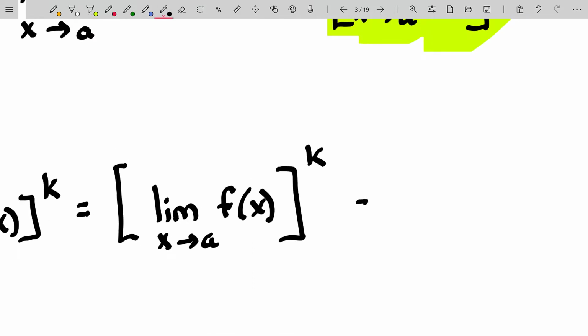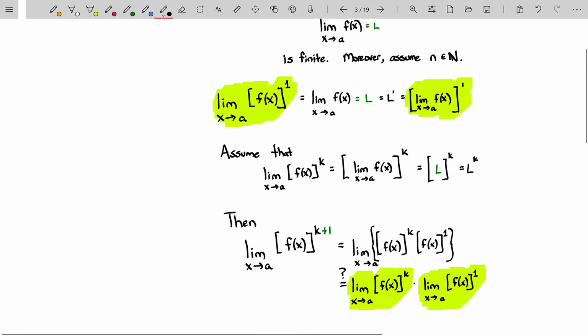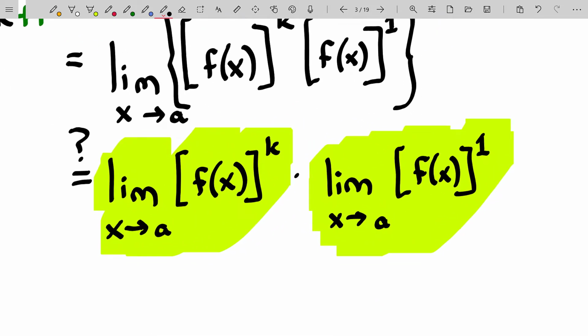And that, remember, is just the limit, that is just L, and then raised to the k. And L is a finite number. So that is L to the kth power, or in other words, a finite number as well. Thus, this splitting of the product of these two functions into two separate limits is legal. It's totally fine. You can totally do it.